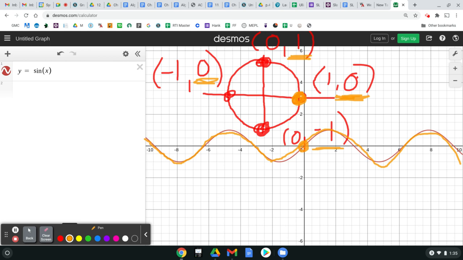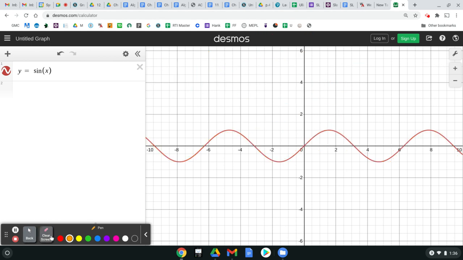After 90 degrees, where's the y coordinate? 1. That's where this is. After 180 degrees, it would be back to 0. After 270 degrees, it would be negative 1. And after 360 degrees, it would be back to 0, a full period. Does that help you at all? Yeah, it does a lot. Okay, good. I figured it would.